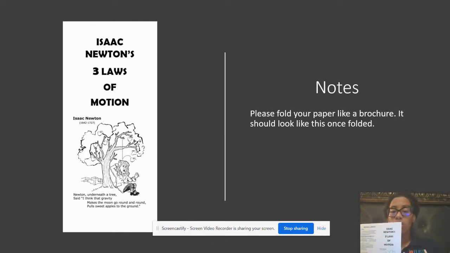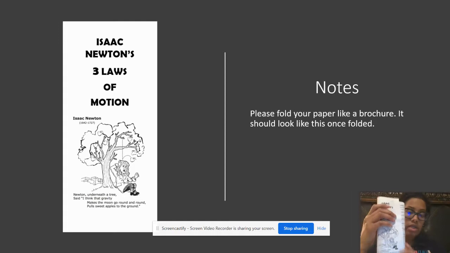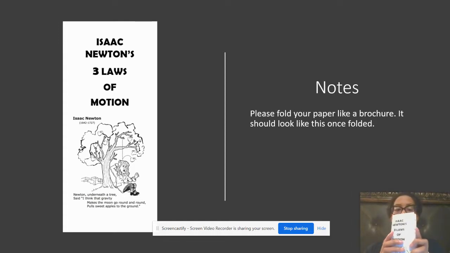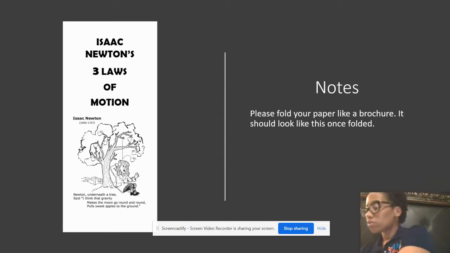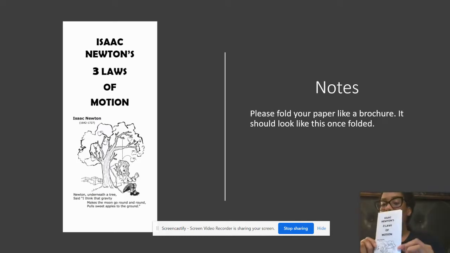I'm going to fold mine the best I can. I left my hover camera at school, so I couldn't record it on a flat surface. I folded one page in and the other page in and made a brochure. Go ahead and fold it down. I'm folding mine down on a notebook here. All right, now I am ready to roll.